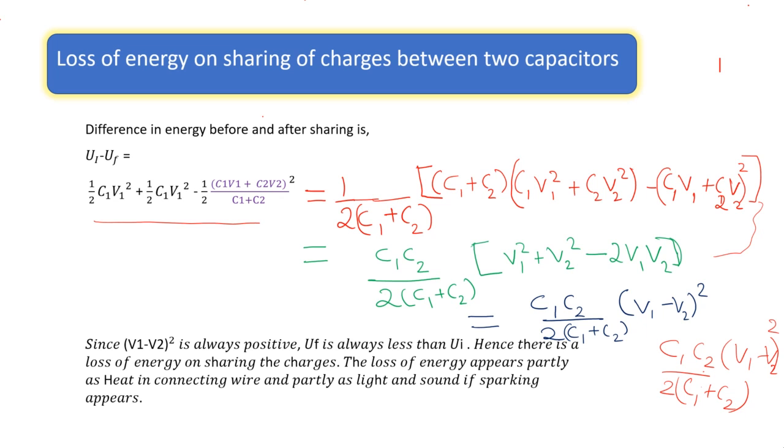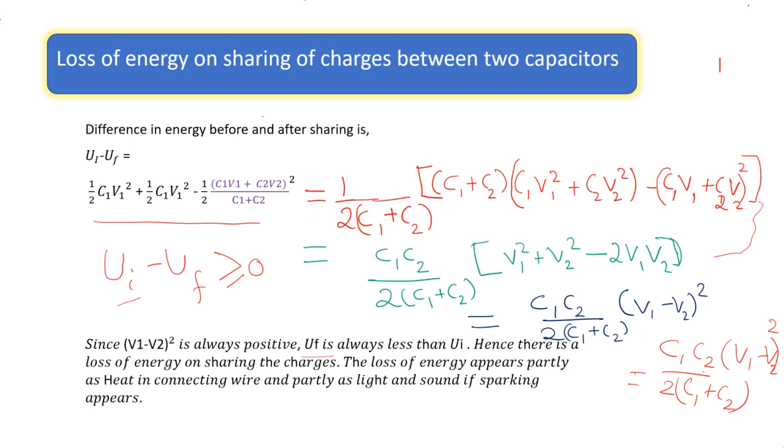Now you write like this: Ui minus Uf is equal to this much. That means whenever V1 is greater than V2, this term is positive. Even if V1 is less than V2, then also this square term is positive. Therefore, this Ui minus Uf is always greater than or equal to 0. The loss is positive. That means we will have some energy lost after sharing.